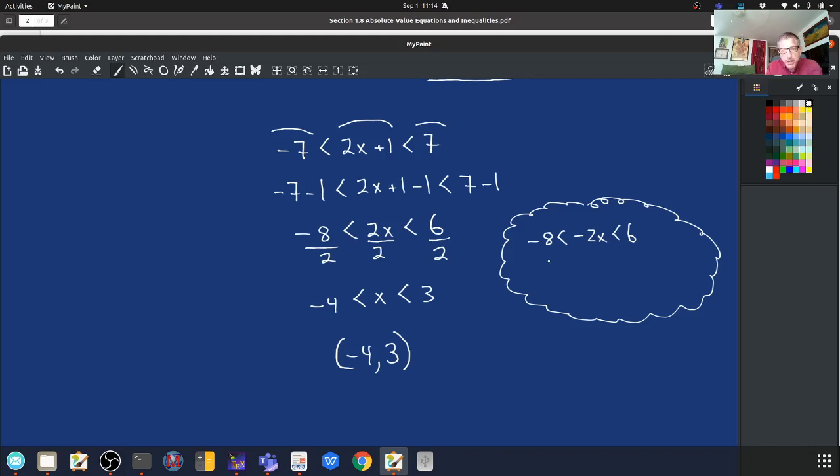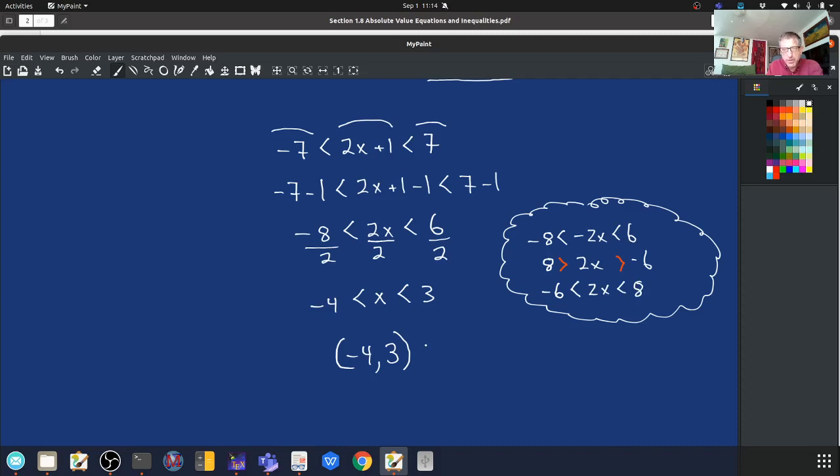We're multiplying by a minus 1, so that requires that we flip the direction of the inequality symbols. So as a result, we would want to rewrite this as minus 6 is less than 2x is less than 8.